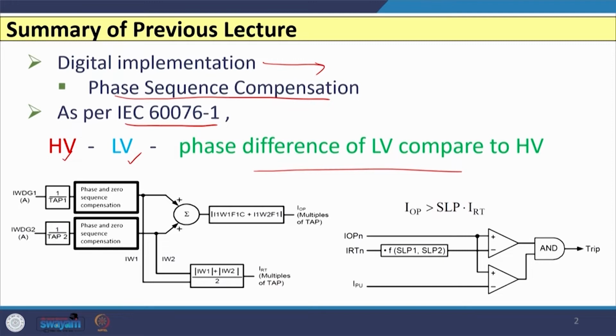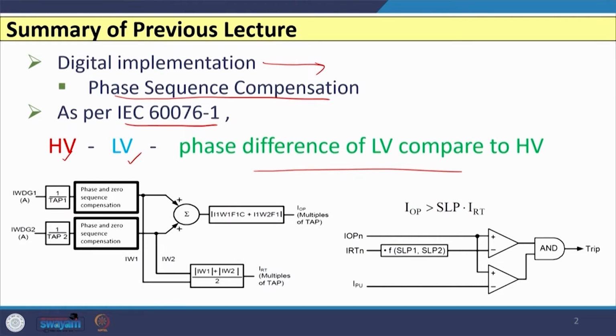Then we have seen that depending upon each specific vector group or winding connection, a specific matrix is available, and that matrix needs to be multiplied with either delta or star depending upon what degree of phase shift we want to cancel. Then we discussed the overall diagram of the digital or numerical relay applied for a power transformer.